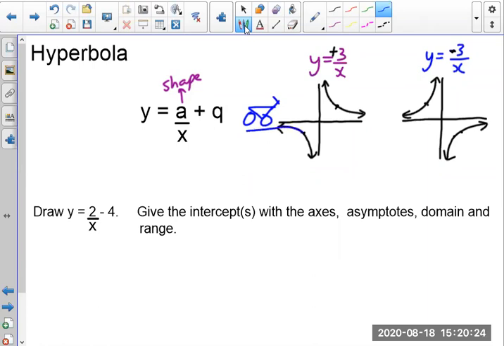You are going down. So can you see that both halves of the same hyperbola are decreasing? So this is a decreasing hyperbola. You're going down all the time. So if it's a positive a, you have a decreasing hyperbola.